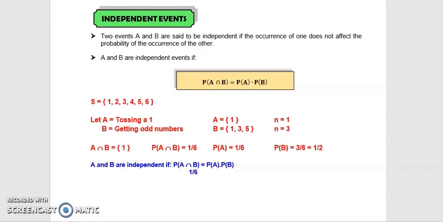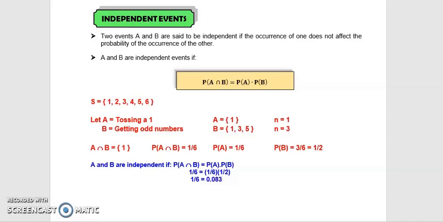So 1 over 6 should be equal to probability of A multiplied by probability of B. Probability of A is 1 over 6 multiplied by probability of B, which is half. 1 over 6 multiplied by half is equivalent to 0.083.